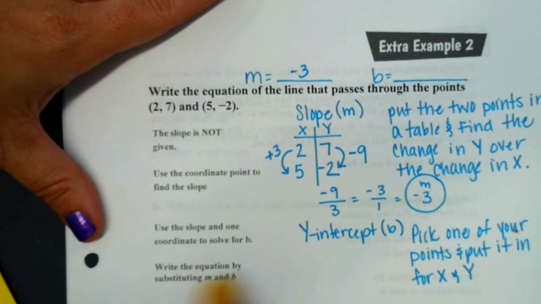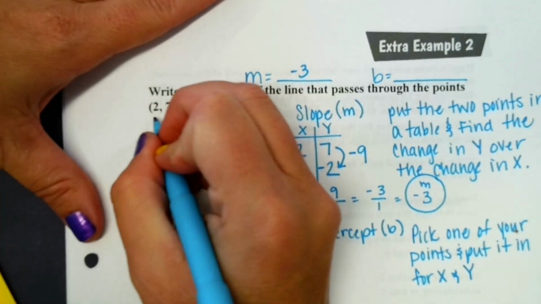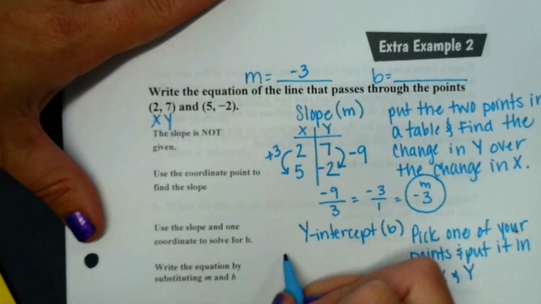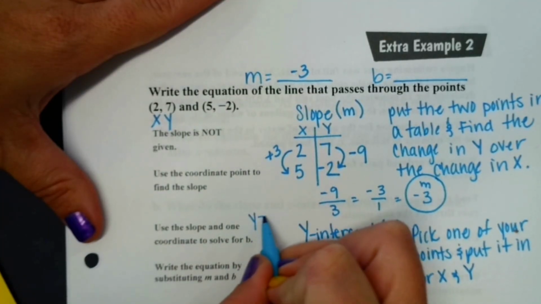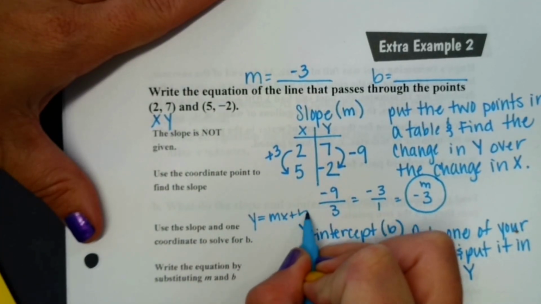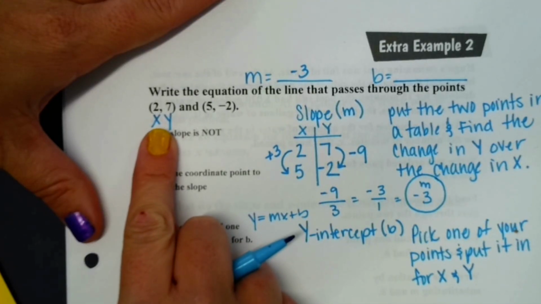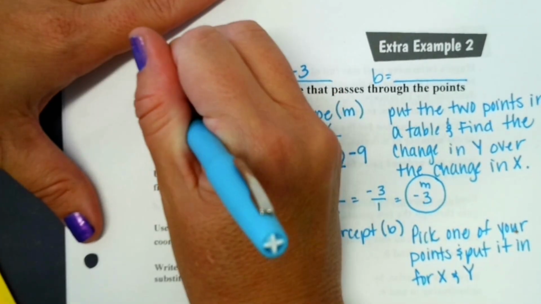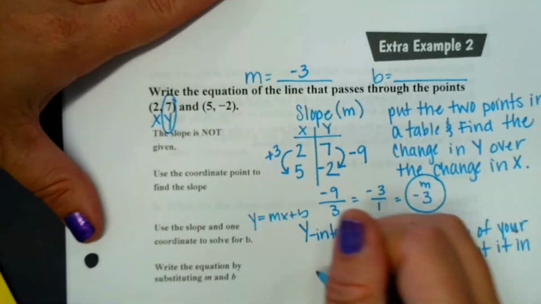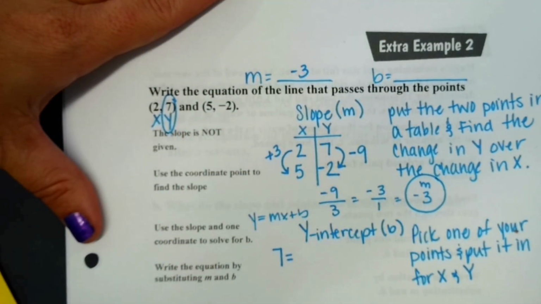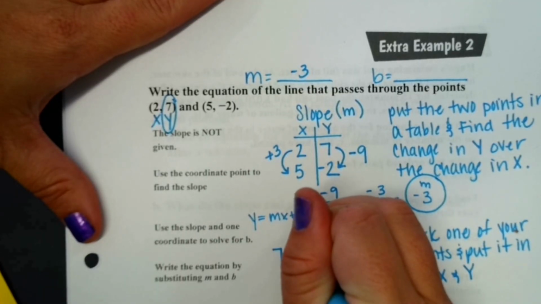So this is your x, this is your y. Instead of writing y, I'm going to write which number? 7, because that's my y. Look right here. That's my y. So I'm going to write 7 equals. Do I know my m? -3.